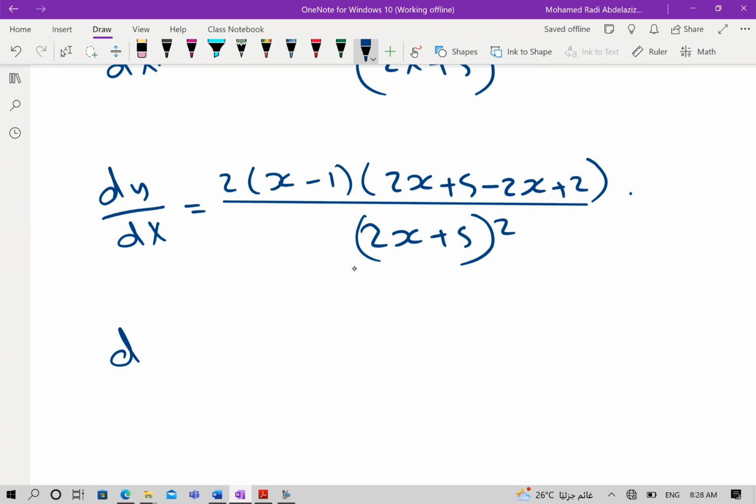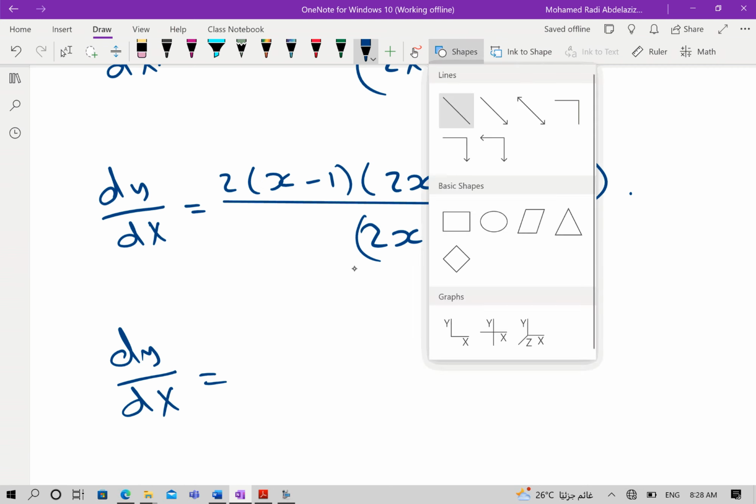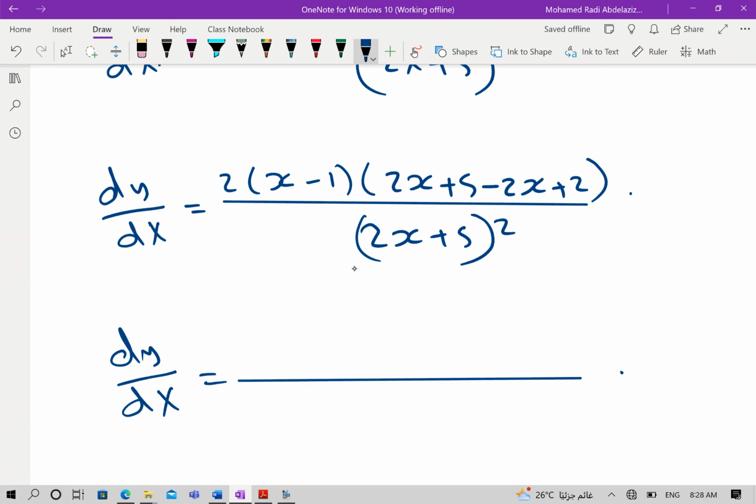Simplify, dy by dx equals the fraction 2 times (x minus 1) times (2x plus 5 minus 2x plus 2), which is 7, divided by (2x plus 5) the whole squared.